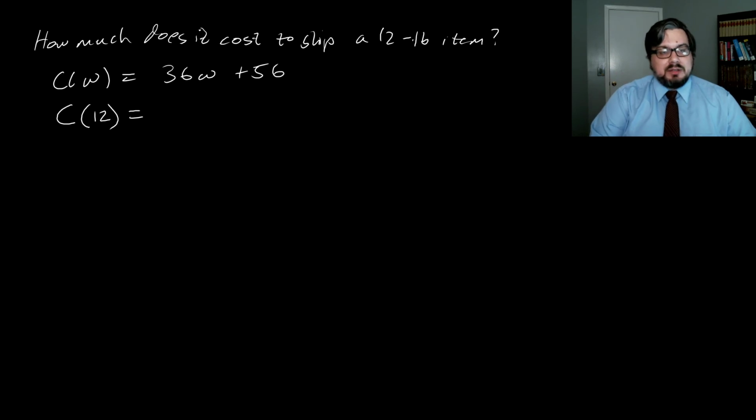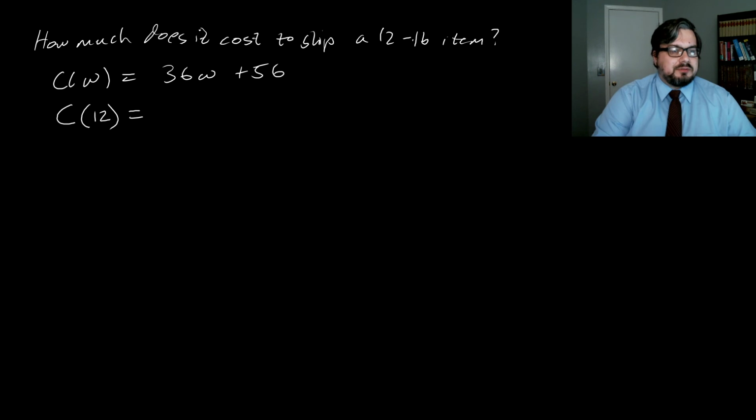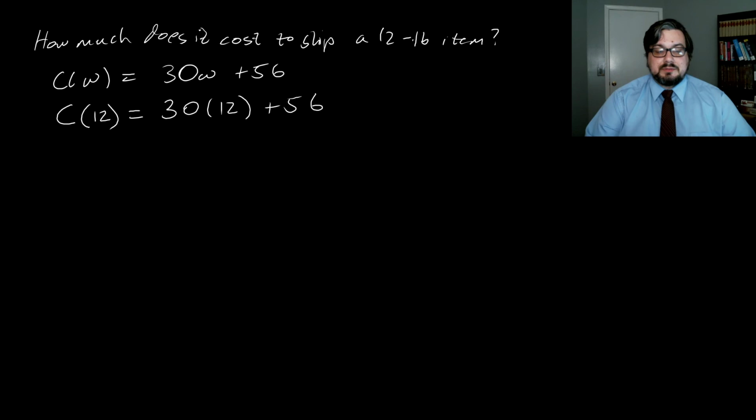And we have the formula, so therefore, oh, I'm sorry, I wrote 36 here for some reason. It should be 30. So C of 12 should be 30 times 12 plus 56. And so we can work this out.